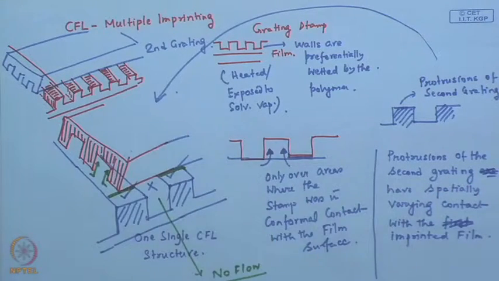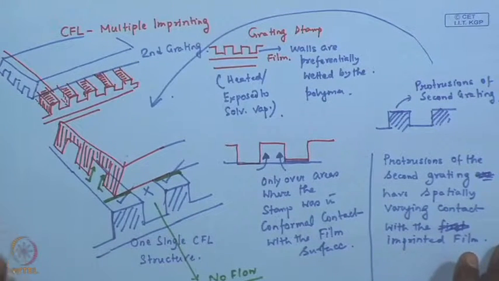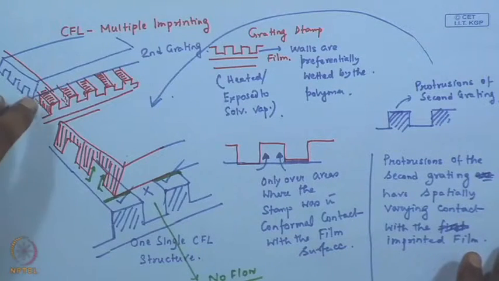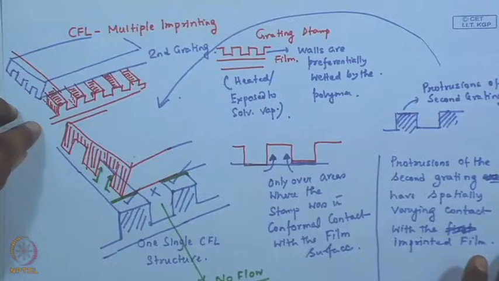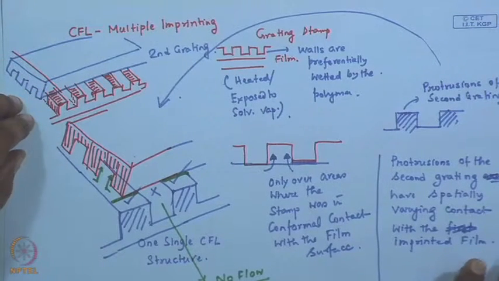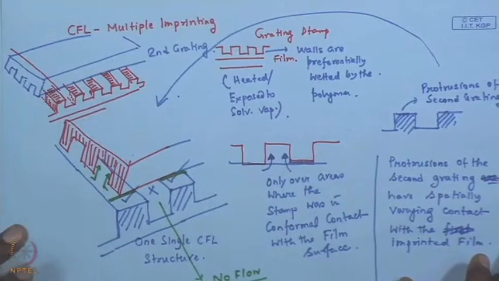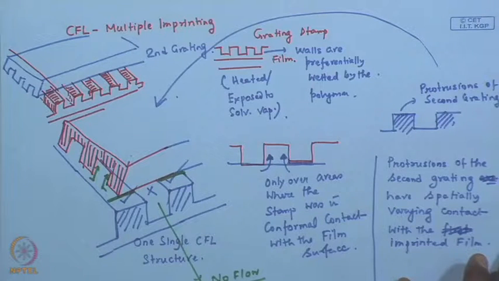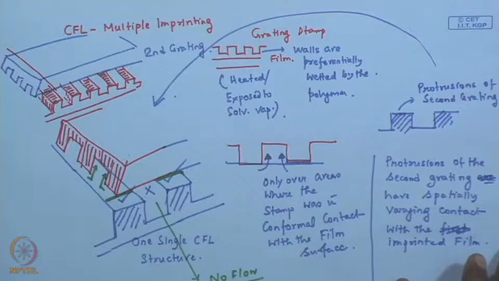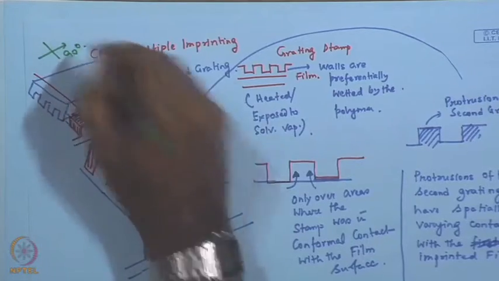This is the way the second grating is placed on the pre-patterned stamp. To make it even simpler, we take a first grating, and we create a perfect negative replica of that first grating on the surface of a polymer thin film by capillary force lithography. Then we take a second grating and place it with its protrusions facing towards the patterned film in such a fashion that the direction of the stripes on the pre-patterned film and the direction of the stripes of the grating are at 90° with each other.